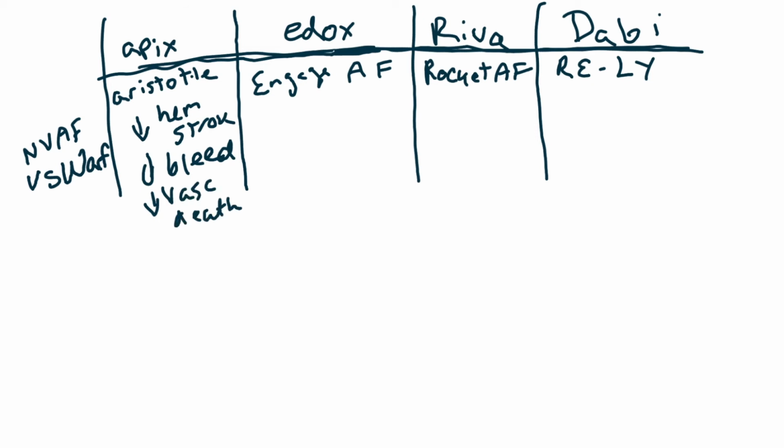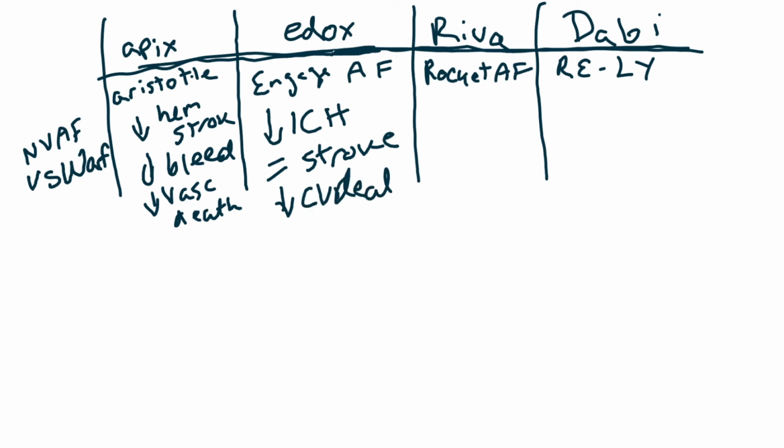The edoxaban study, called the ENGAGE AF-TIMI trial, showed also a decrease in hemorrhagic stroke, a non-inferiority in stroke or systemic embolism prevention, and a superior cardiovascular mortality. So I'm going to write less CV death here.